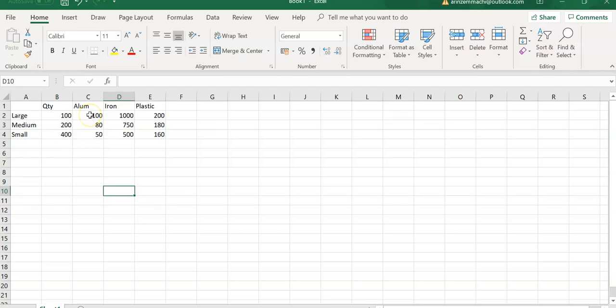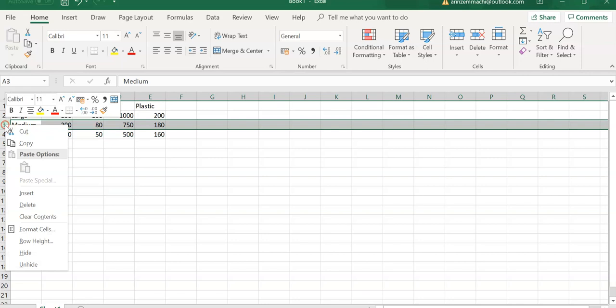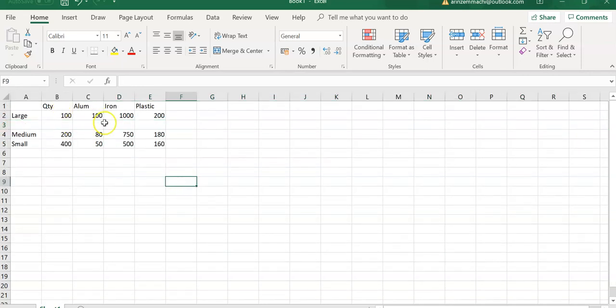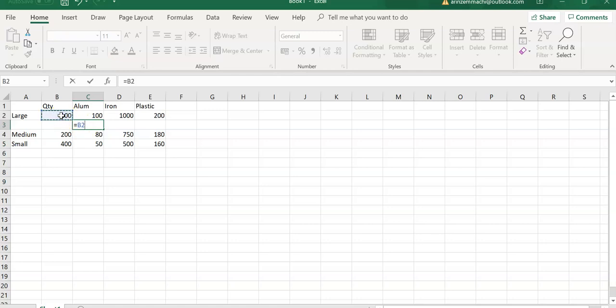So really what that now means, I'll just deal with the large first. If I want to make 100 large buckets, in terms of the quantity of aluminum that I'm going to need to buy, I'm going to need 100 times, in terms of kilograms, all of this.